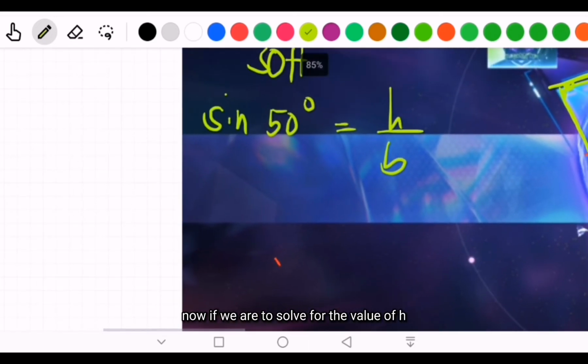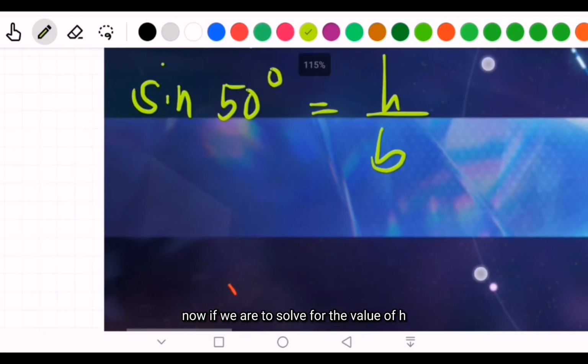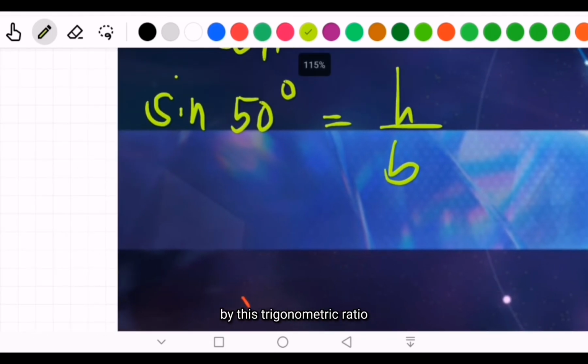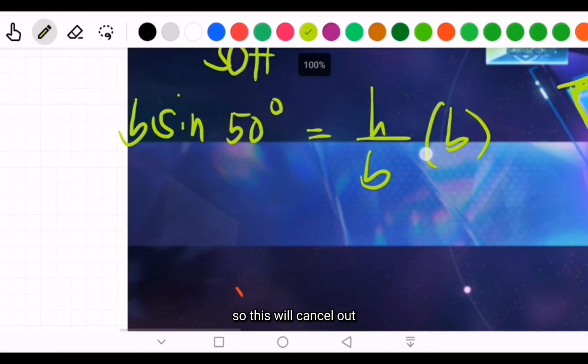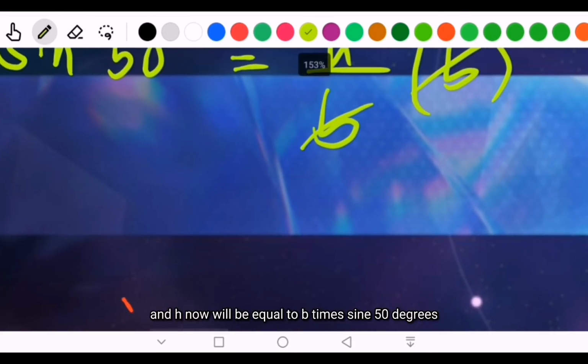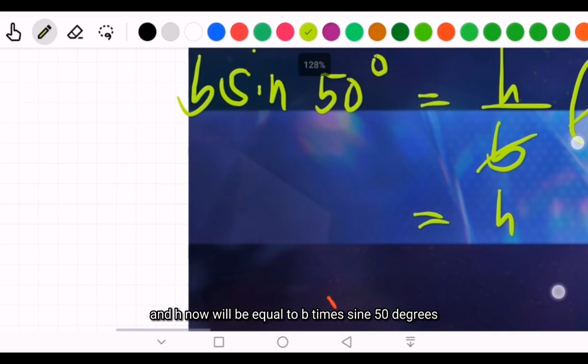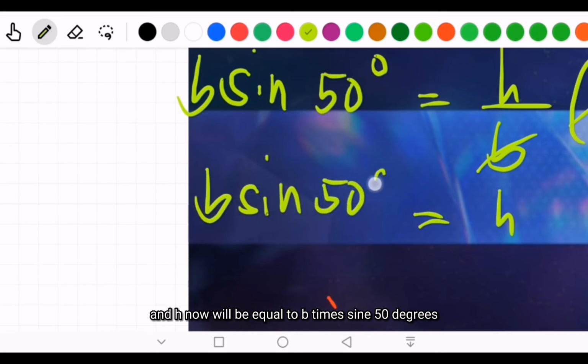Now, to solve for the value of h, we can transfer b by multiplying b on both sides. So this will cancel out and h will be equal to b times sine 50 degrees.